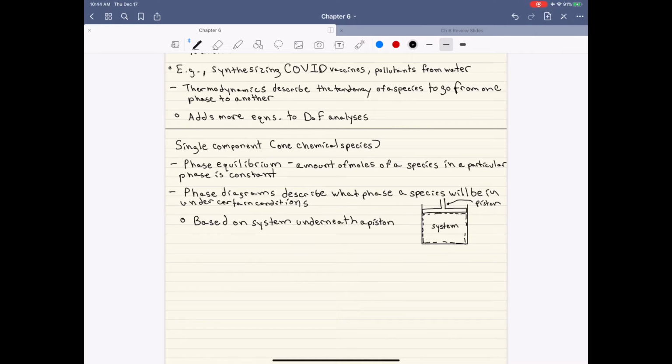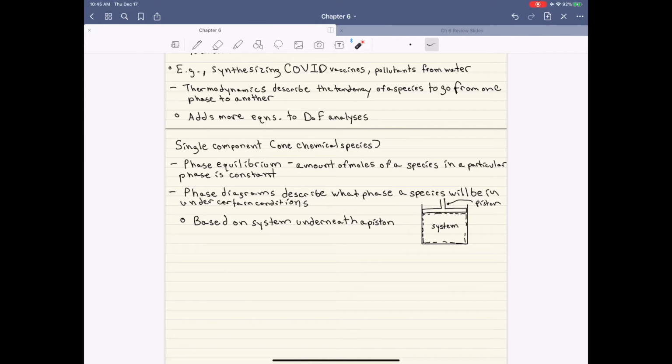All right? By changing the height of the piston, you could change the pressure on the system. And also you could heat and cool the system as well in order to control the temperature. Whenever we're talking about phase diagrams, think about this experiment, which allows the scientists to control both pressure and temperature. So phase diagrams are typically determined using this sort of piston setup.